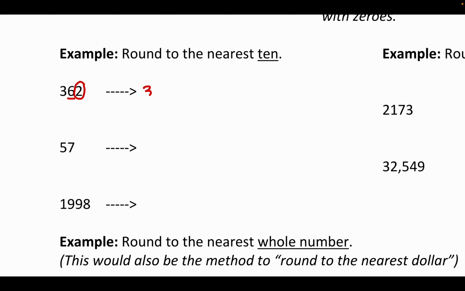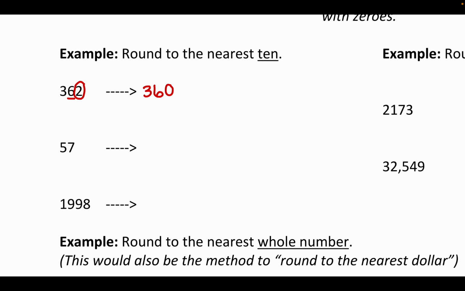So our 6 stays the same, and we've dropped that 2. If we look at our final answer as it stands right now, 36 is not close to 362, and our rounded value should be somewhere in the same neighborhood as our original value. So we need to replace that 2 with a 0.